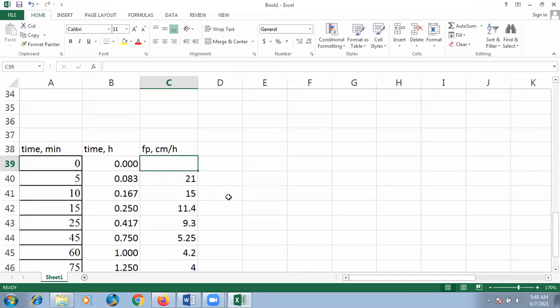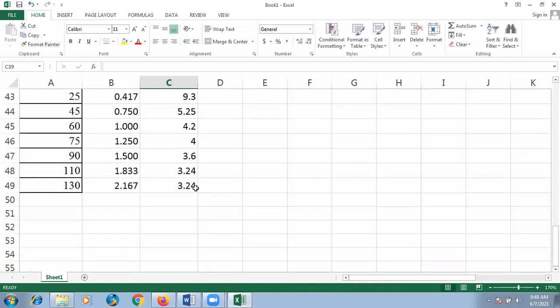I have calculated these. Then what is the value of fc? fc is the constant rate of infiltration. Towards the end, the repeating values can be taken as the value of fc. In every problem, the last 2 entries of fp, or maybe 3 entries of fp, will be identical.